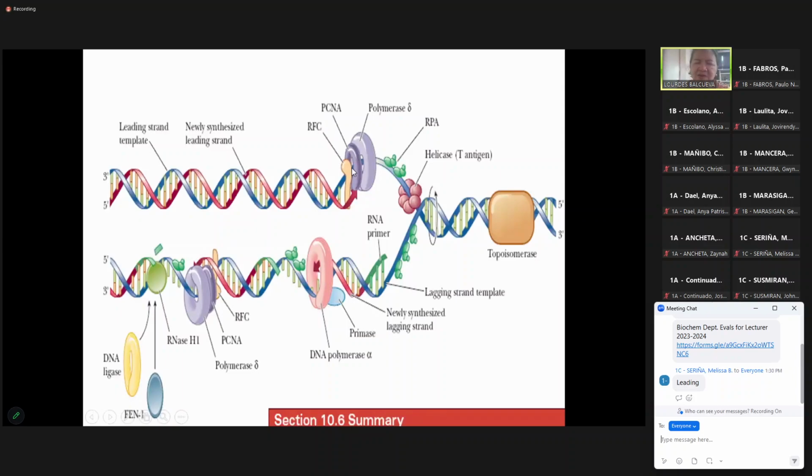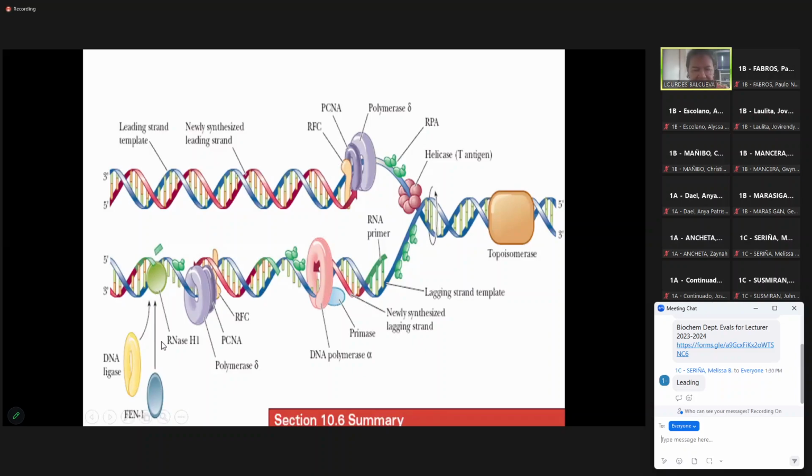PCNA is the clamp, and RFC is the clamp loader. It loads the clamp into the chain. Do not forget the names of the enzymes, because that is important. Which enzyme have we not covered here?